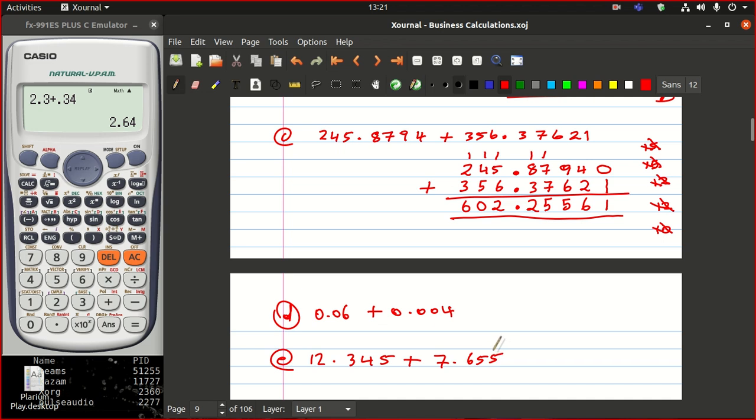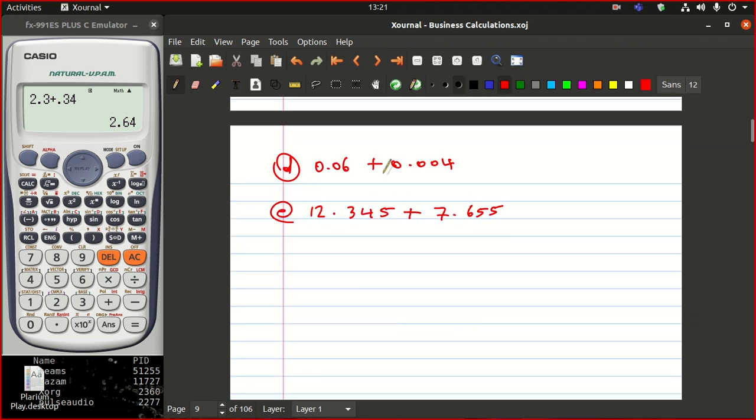Can you try and do that? Try and do these examples here. I will give you 5 minutes to complete this. So now we are at 21 and 25. We are stopping, and then we are going to the subtraction of decimals.